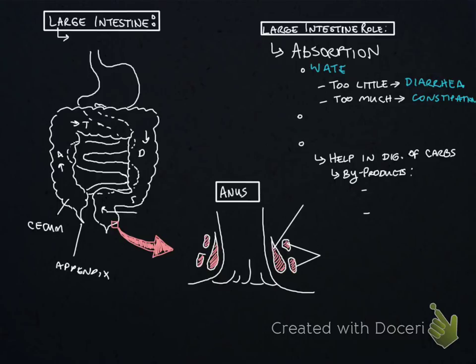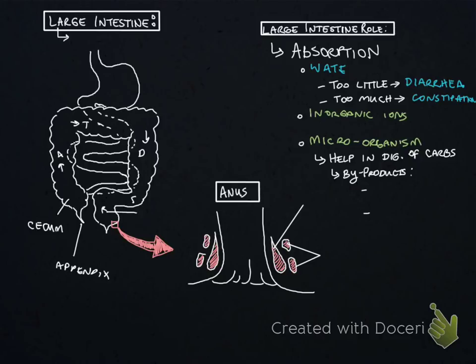We're also absorbing inorganic ions like sodium, potassium, and chloride. We also have natural flora, so stuff that is supposed to be there. So bacteria that is supposed to be there. And these microorganisms help to digest carbs and fats, stuff that has not been digested in the small intestine.